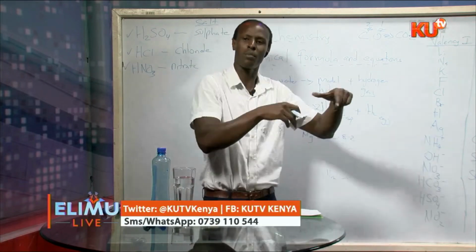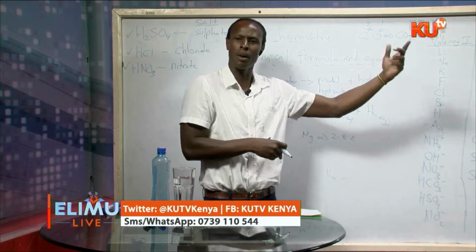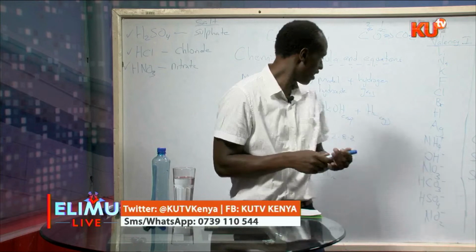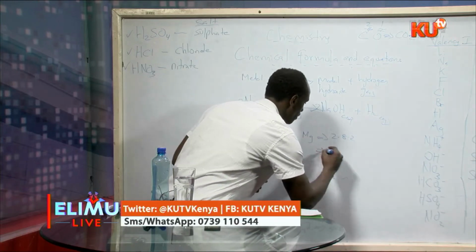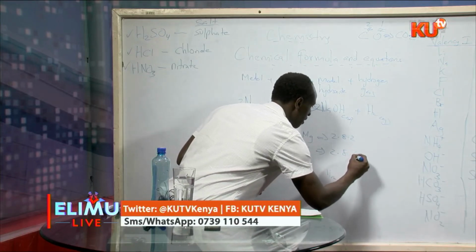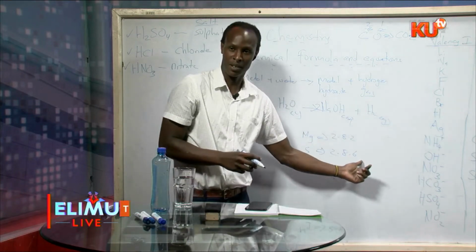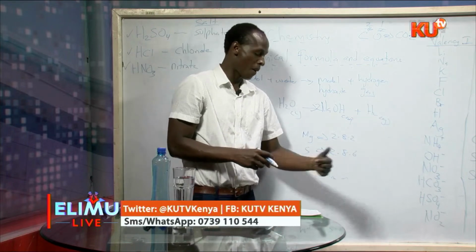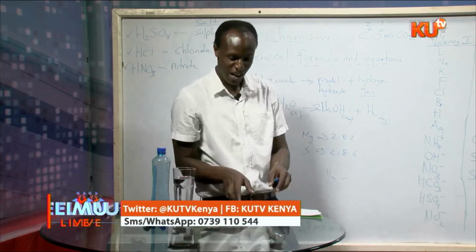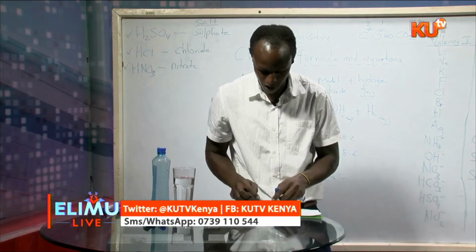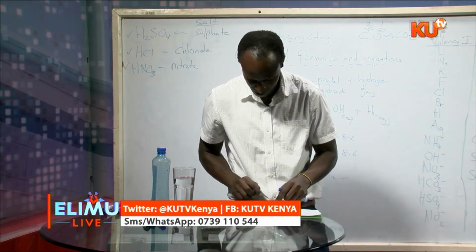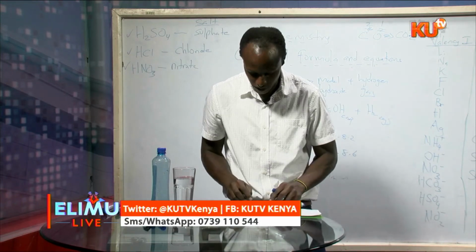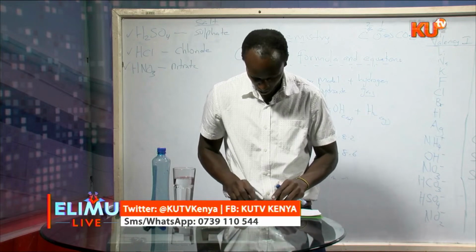But valence is the outermost electrons. Instead of calling them outermost, you can also call them valence electrons. But valency is how many electrons it loses or gains. Let me give you a good example. Sulfur is 2,8,6. The valence electrons are 6, but the valency is 2. How many electrons are in the outermost shell? 6. Valency will be 2. So I hope that explanation gives you the difference between valency and valence. Valency is the number of electrons it loses or gains. Valence is how many electrons it has in the outermost energy shell.